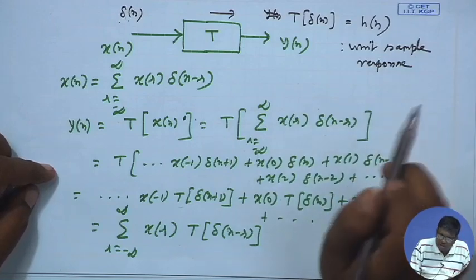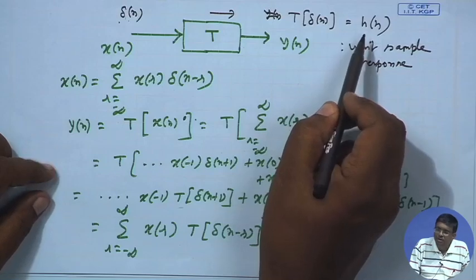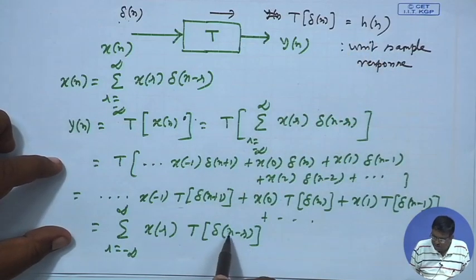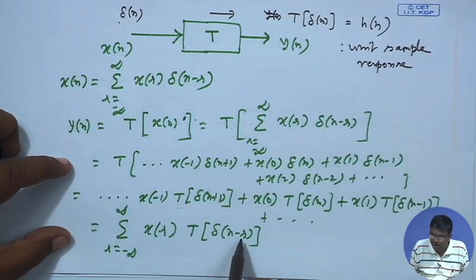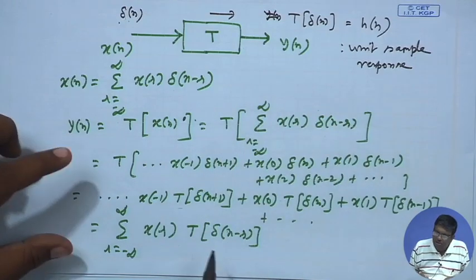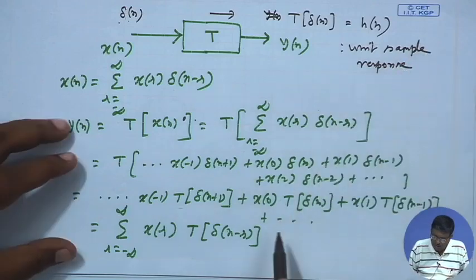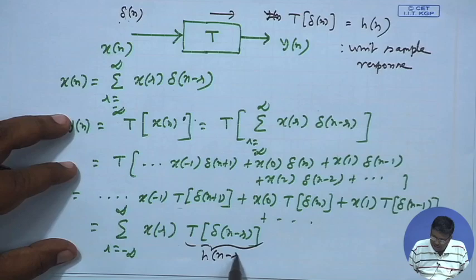So, T of delta n is h n, but if the system is shift invariant, then if delta n is shifted by r, it was delta n, now delta n minus r, the new output T of this will be nothing but the original output shifted by the same amount. So this will be h n minus r.